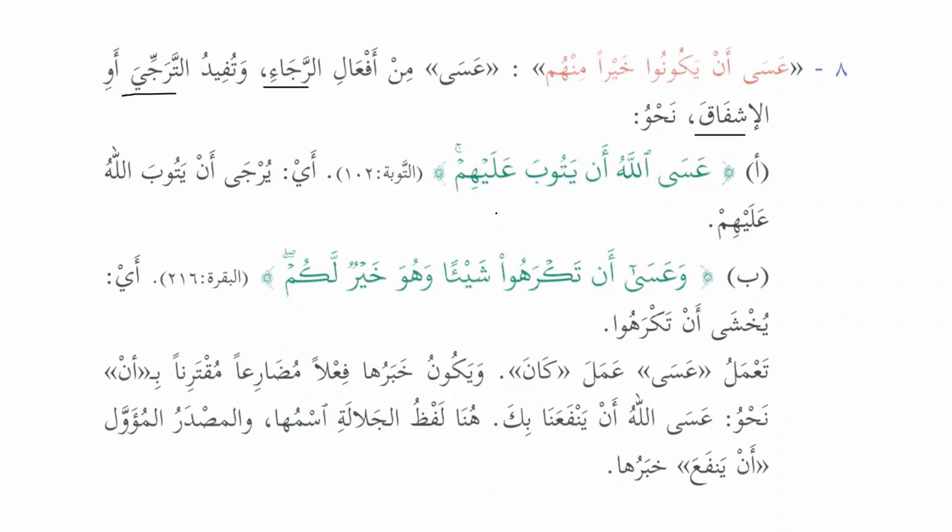It is hoped that Allah subhanahu wa ta'ala will forgive them, or perhaps Allah subhanahu wa ta'ala will forgive them. أي يرجى أن يتوب الله عليهم. It is hoped. Raja yarju is the past, and it is active.